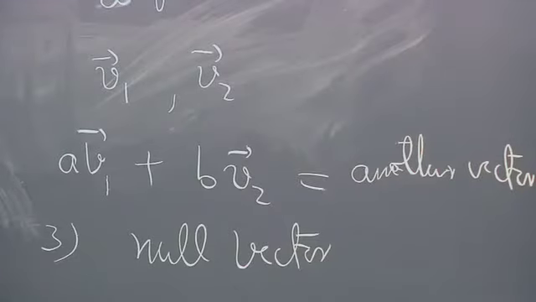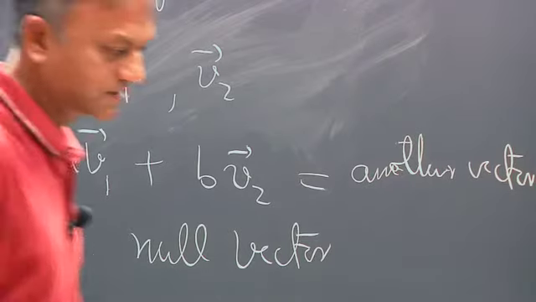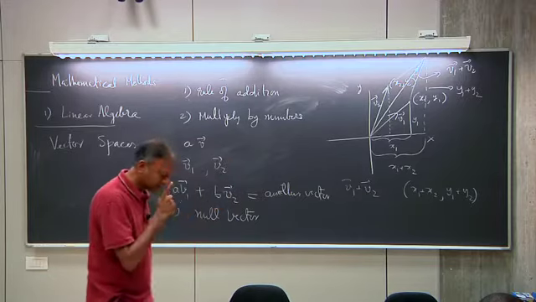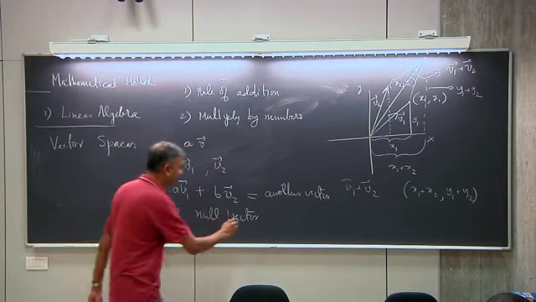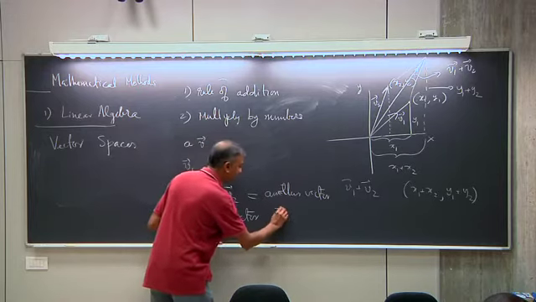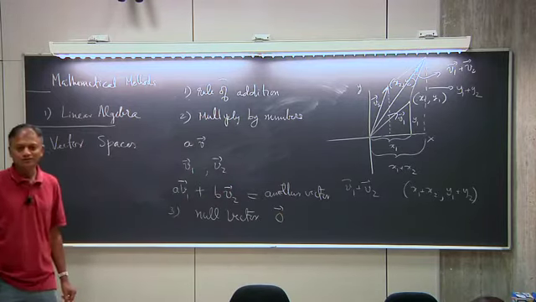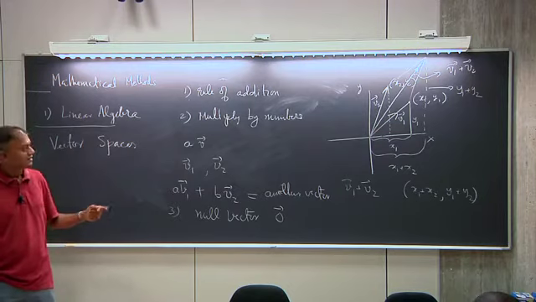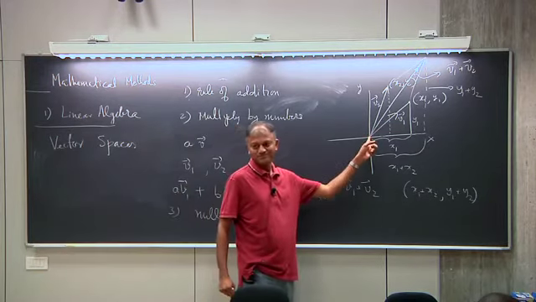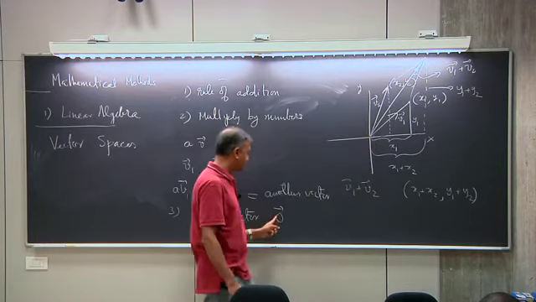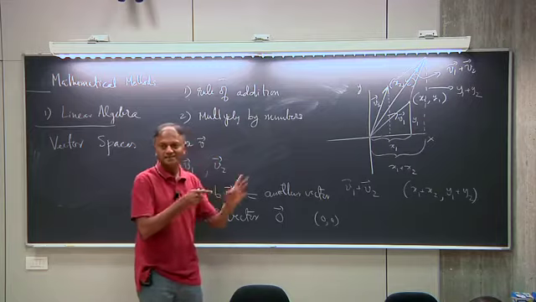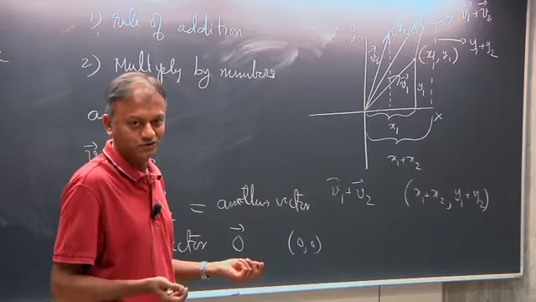At the moment I'm using the arrow symbol, so I will just write it like this, 0 with the arrow. What is that vector? That vector is nothing else but this point itself. So its components are simply 0, 0. If you take the x and y components of this vector, it is 0, 0.